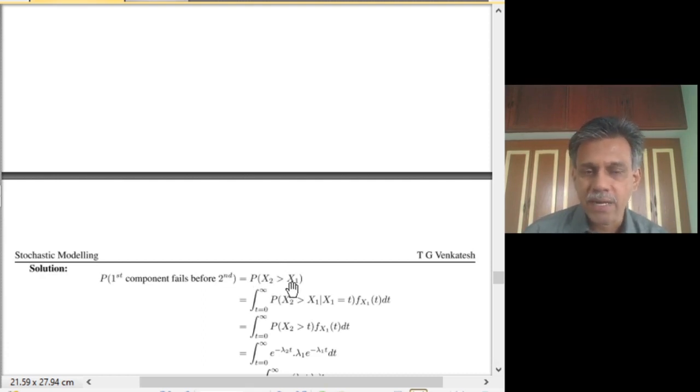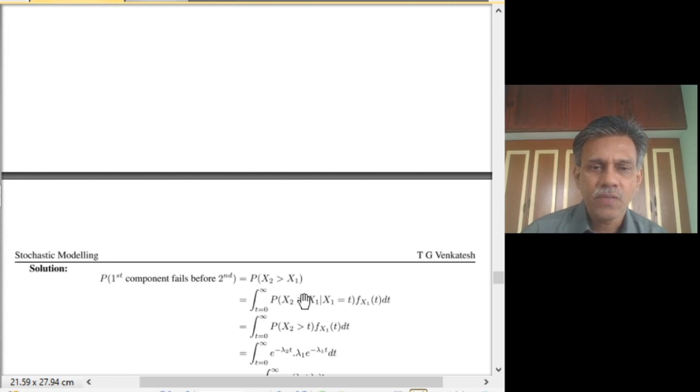That can be done by conditioning x1 taking a particular value, and then unconditioning by weighing it with the probability density function and integrating it over the entire domain of x1. That is, integral 0 to infinity of the probability that x2 greater than x1 given x1 is equal to a value t, into fx1 of t dt.